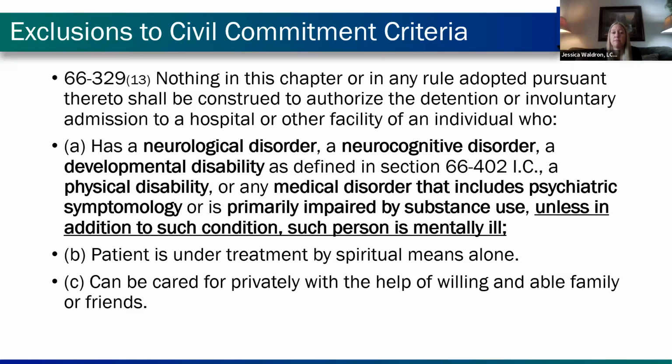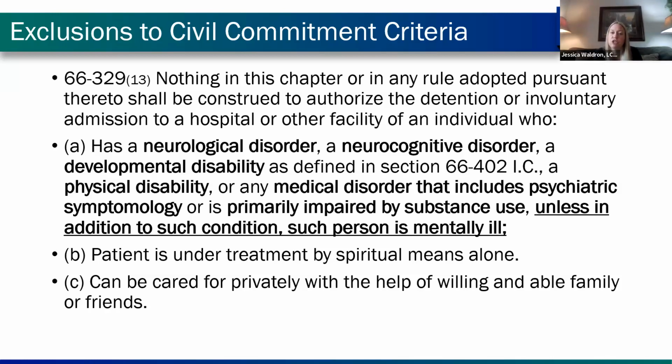So we can't commit somebody just for substance abuse. They have to have also a co-occurring condition, which a lot of individuals that use substances do have co-occurring mental health conditions. So we're really looking at what is contributing to those symptoms.